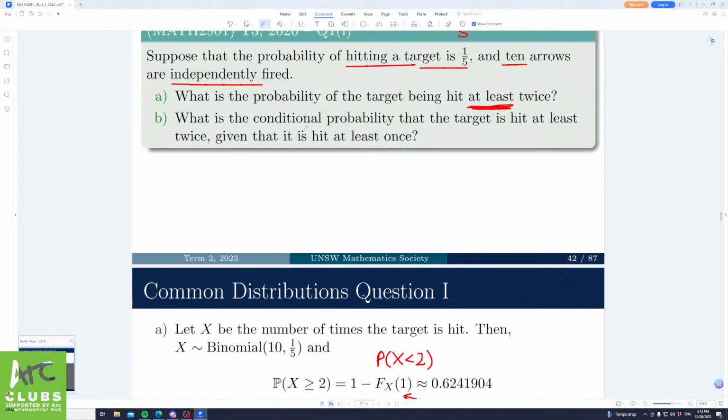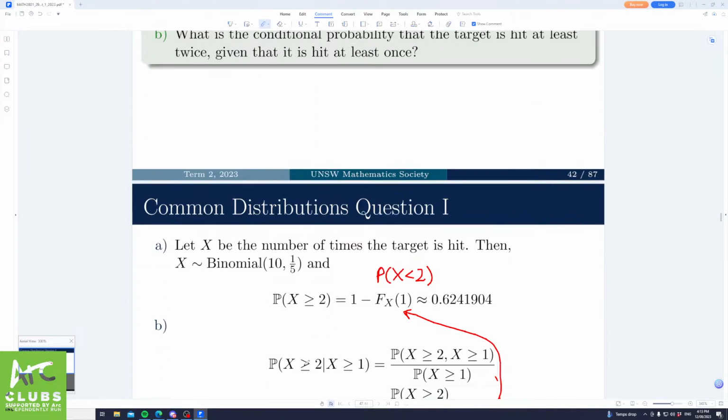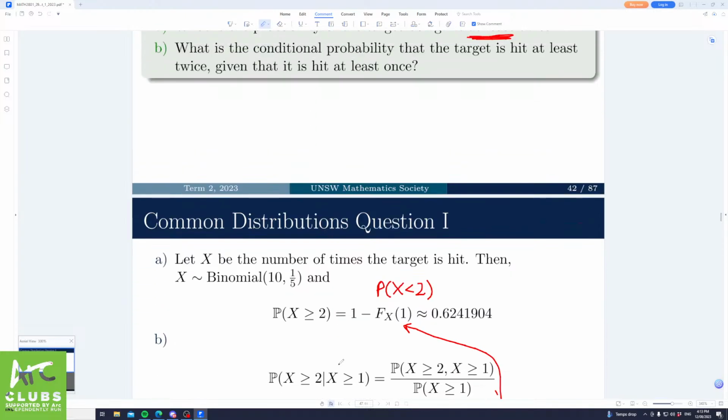And in the next question, what is the conditional probability that the target is hit at least twice, given that it is hit at least once? Well, I'm immediately writing P of X is greater than or equal to 2, given X is greater than or equal to 1, because that's just writing what we're trying to find in a mathematical expression.